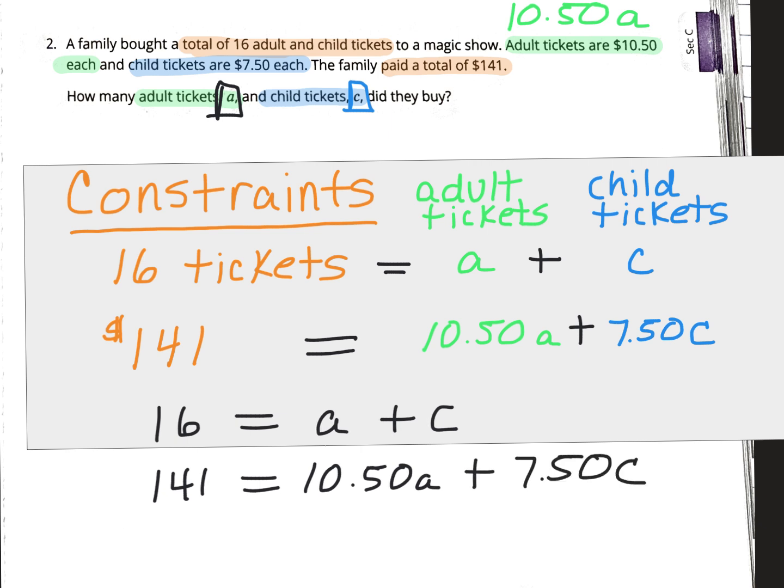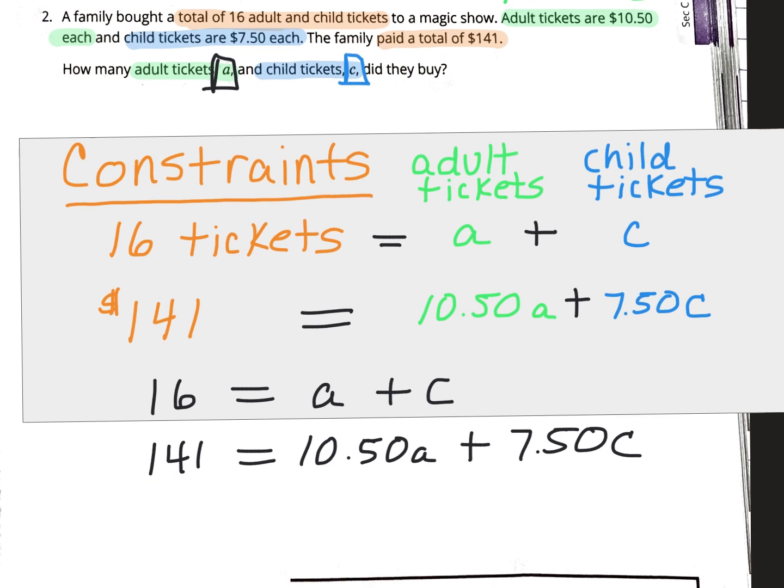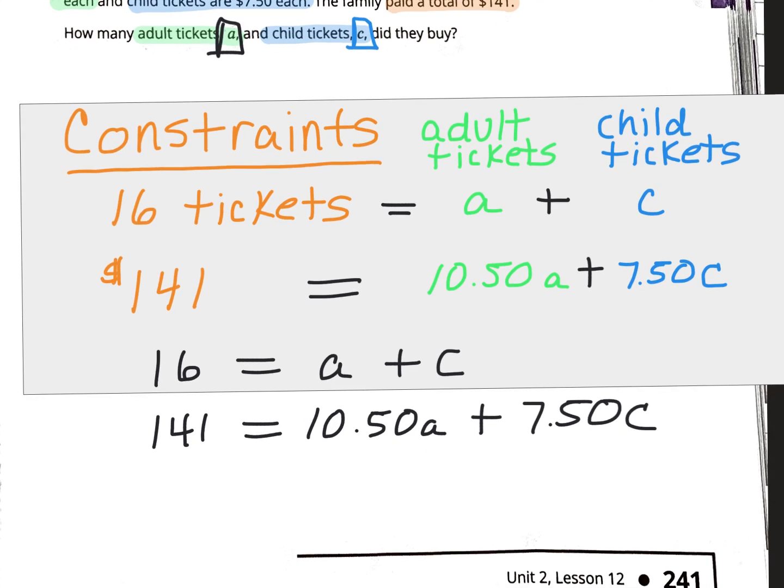The only issue here is that the Desmos calculator doesn't understand variables except for x and y, because x and y are the two axes on the graph.